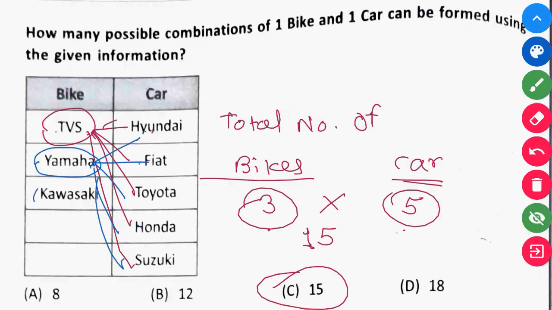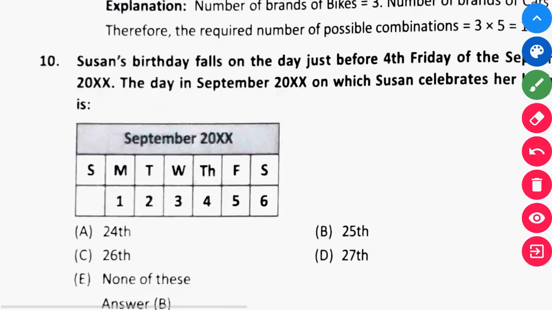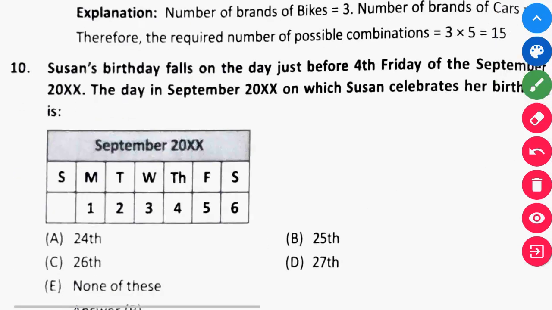So 5 plus 5, 10, and for Kawasaki again 5. So 15. So no need to calculate like this. Just simply multiply 3 into 5. So 15 is your answer. Now this example we had already taken during the introduction session, so I am not going to take this again.